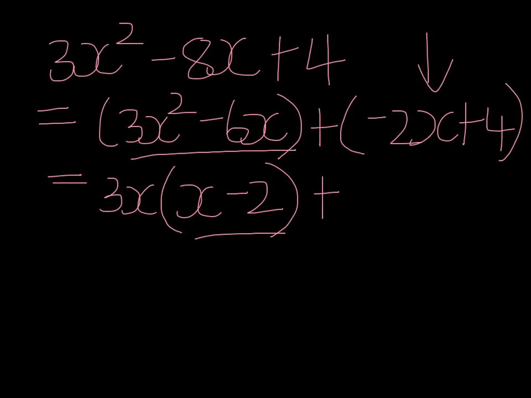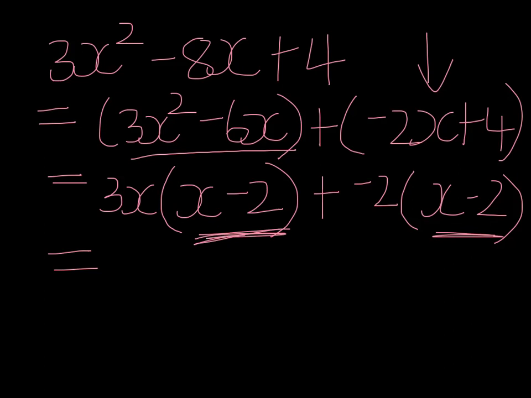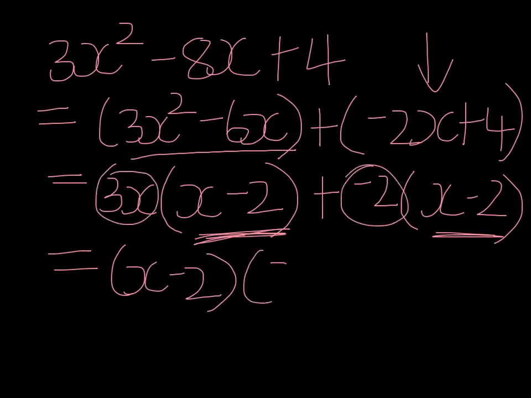We're going to take a factor of negative 2. We're left with x take 2. We then need to factorise these here. We can see that the common factor is x take 2, and then we're left with 3x take 2. And there we are, complete.